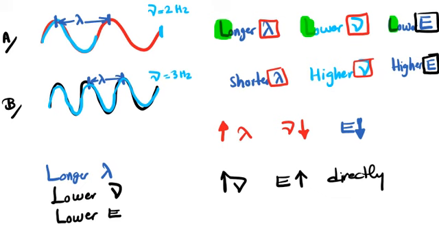But frequency and wavelength, as you see here, have opposite behavior. They are inversely proportional to each other. Right now, I'm going to work on the equation.